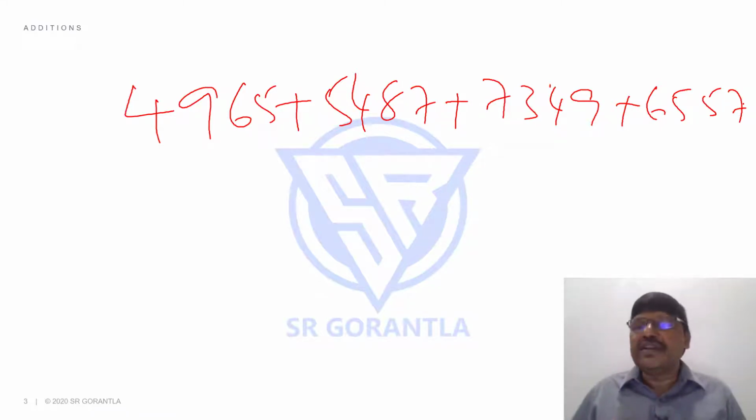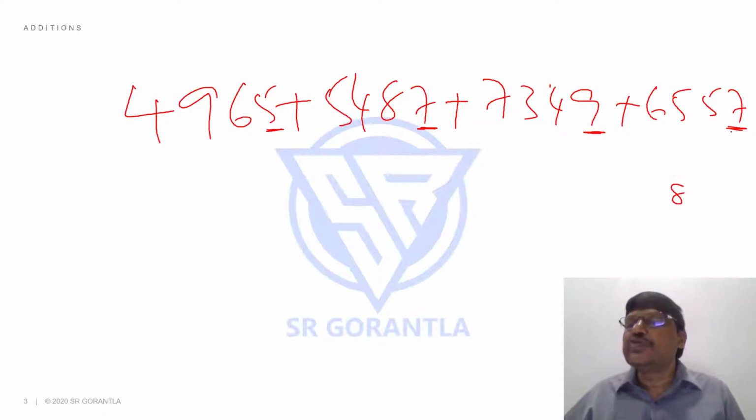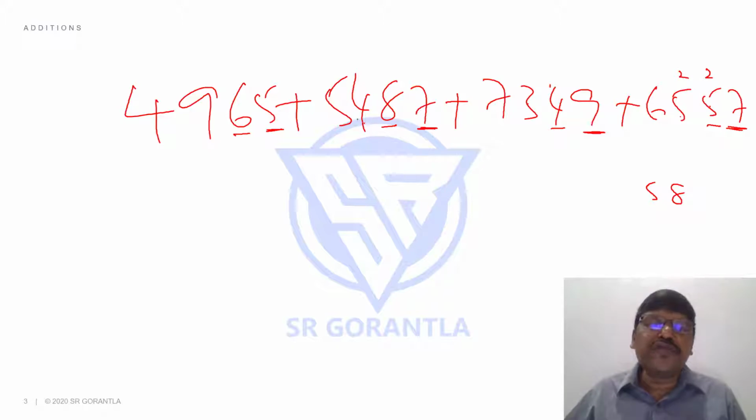Now how you add the numbers, probably many of us today will do it like this. You start with the unit digit: 7 plus 9 is 16, 16 plus 7 is 23, 23 plus 5 is 28, 8 and 2 carried. 2 plus 5 is 7, 7 plus 4 is 11, 11 plus 8 is 19, 19 plus 6 is 25, again 2 carried. 7 plus 3 is 10, 10 plus 4 is 14, 14 plus 9 is 23, again 2 carried. 8 plus 7 is 15, plus 5 is 20, plus 4 is 24.